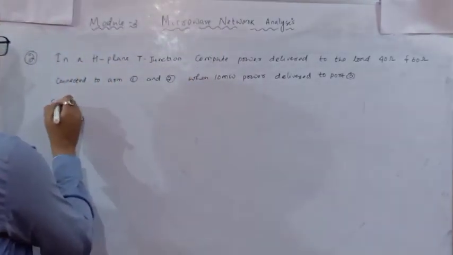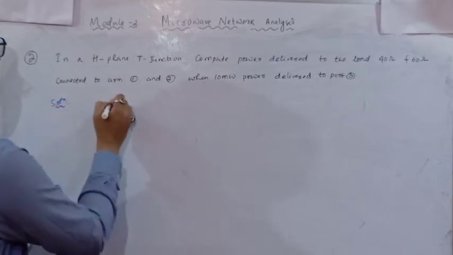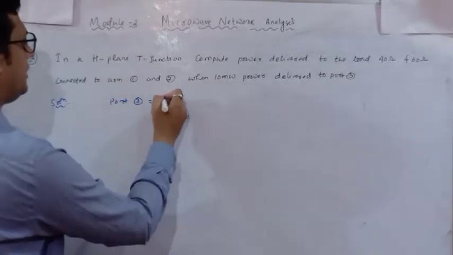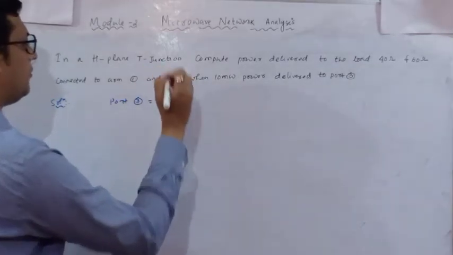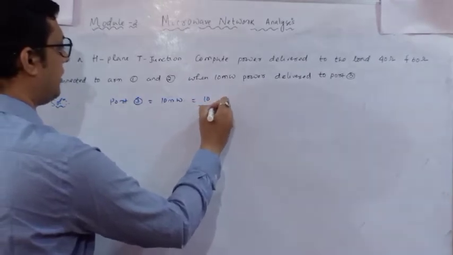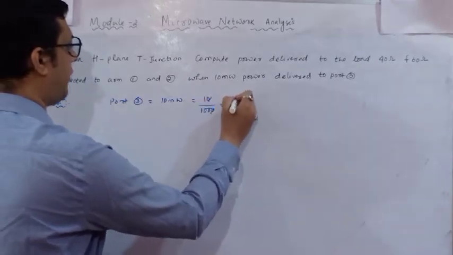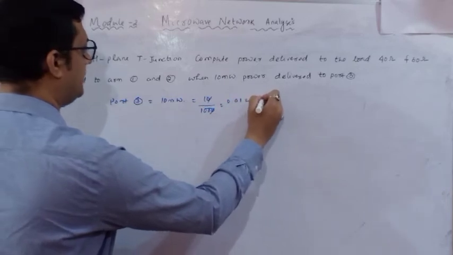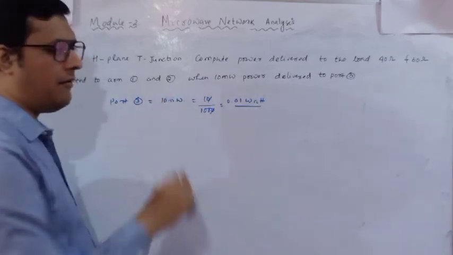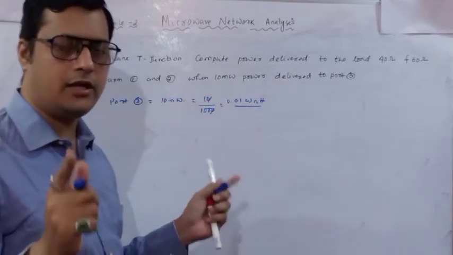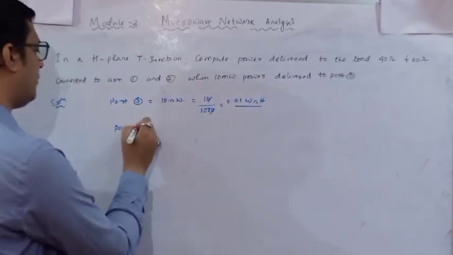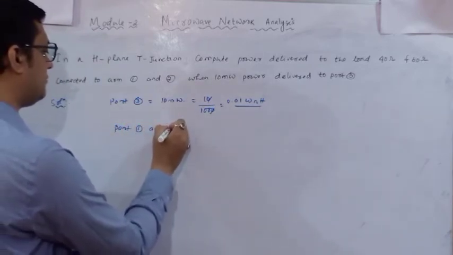Now here, first thing is port 3 power is 10 milliwatt. 10 milliwatt means 10 divided by 1000, so 0.01 watt is delivered at this port. Now this power is going to be split into two equal parts and available at port 1 and port 2.